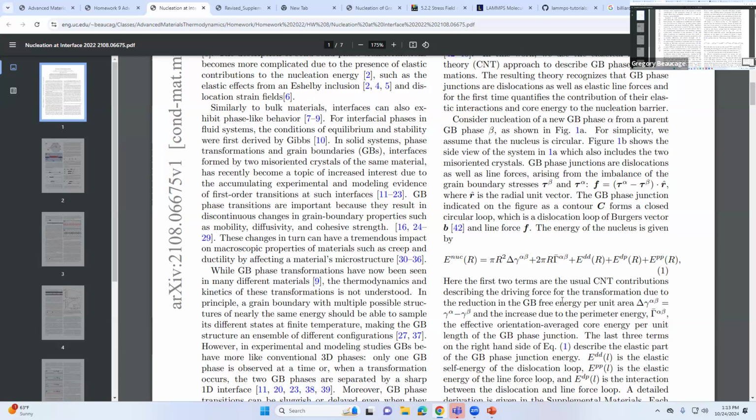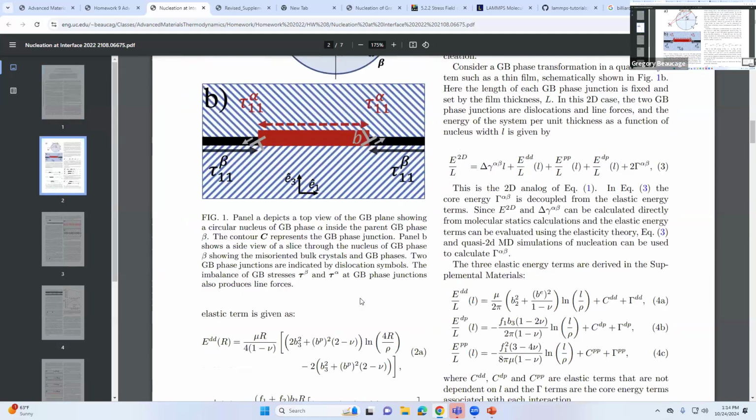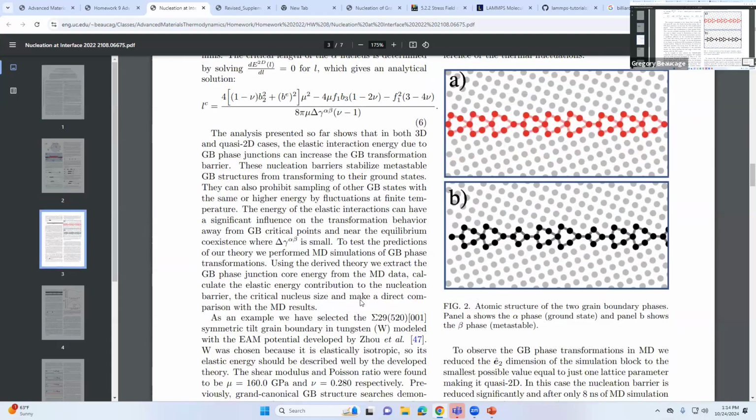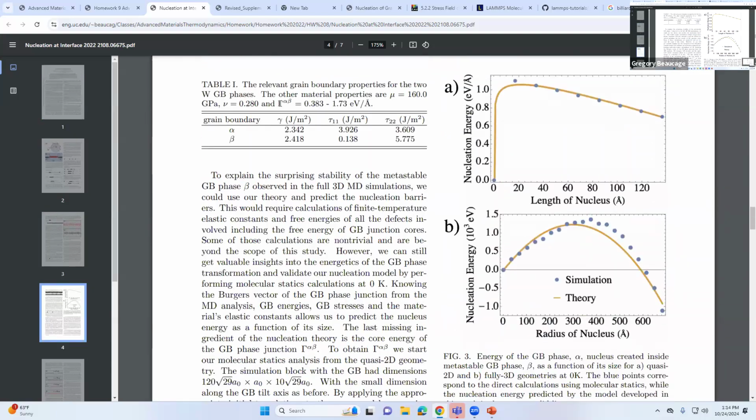With a molecular static calculation, you can get this line energy, you can get all these strain energies, but he can't get this one. He can also calculate the total energy from his molecular static calculation. So he does the simulation, and then he solves for this, but it's a fixed number, it doesn't change. He gives that number in the table there. He gets that from his molecular dynamics simulation. This comes out of it.